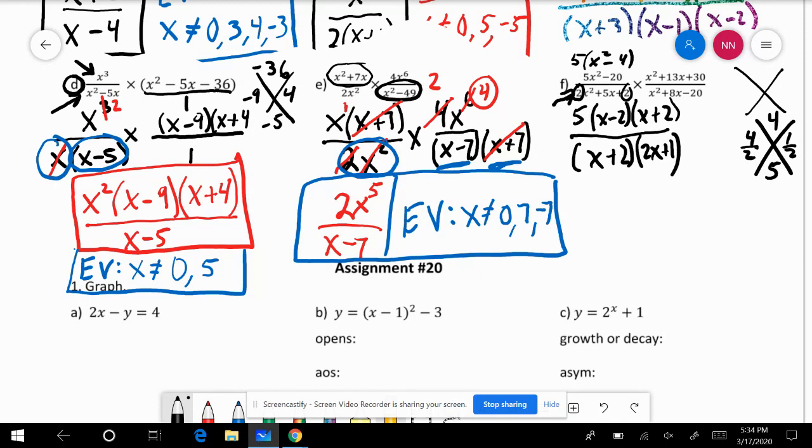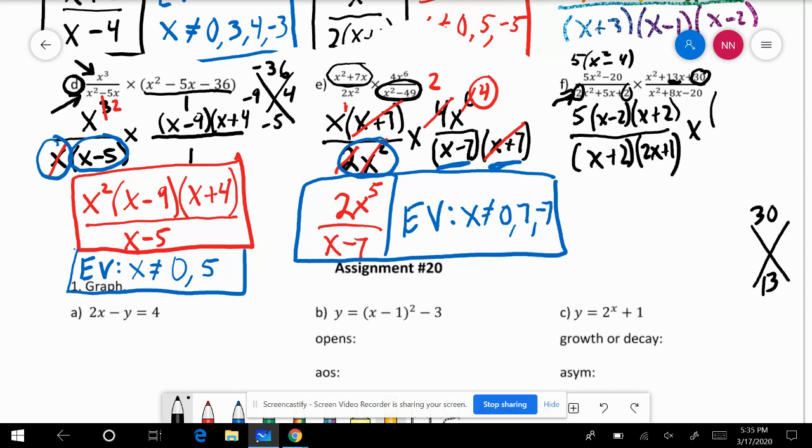So now we're going to look at our second one. With that one right there, we're looking for two numbers that multiply together to give us 30 and add up to 13. That would be x plus 10, x plus 3.